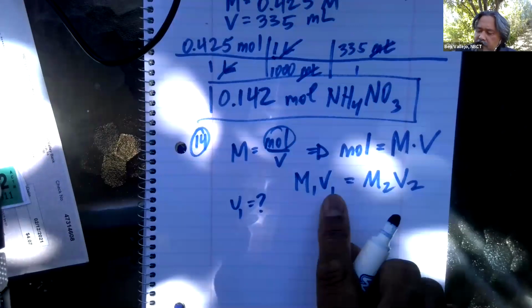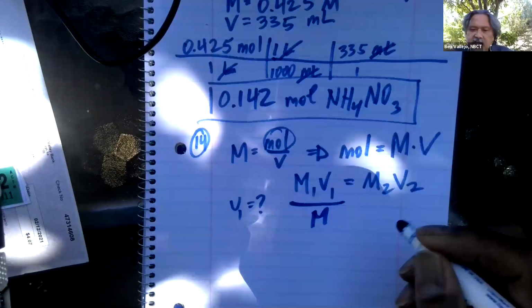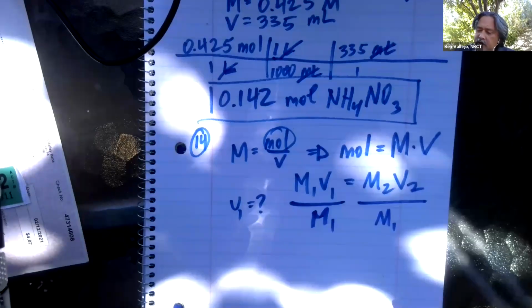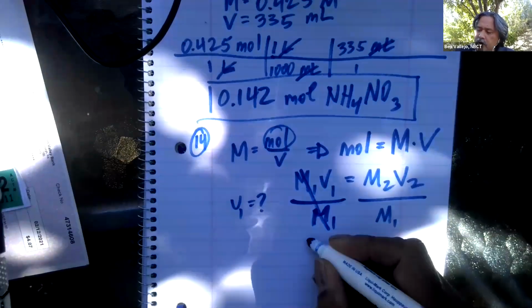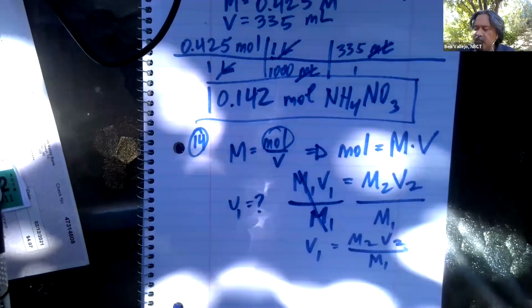So you can see that the M1s are going to cancel. And if I clean this up, what I get is V1 equals M2 V2 over M1.